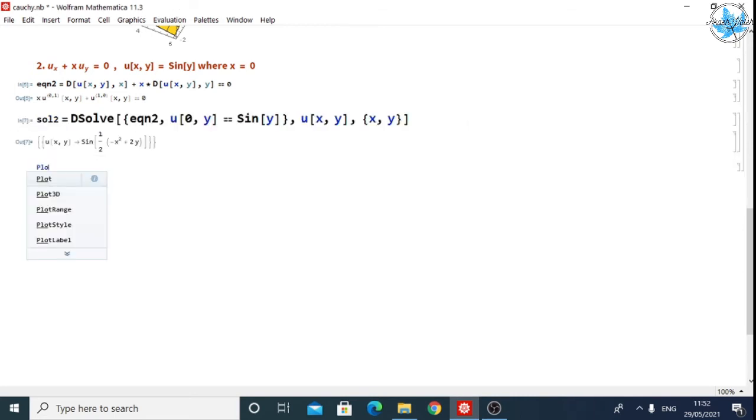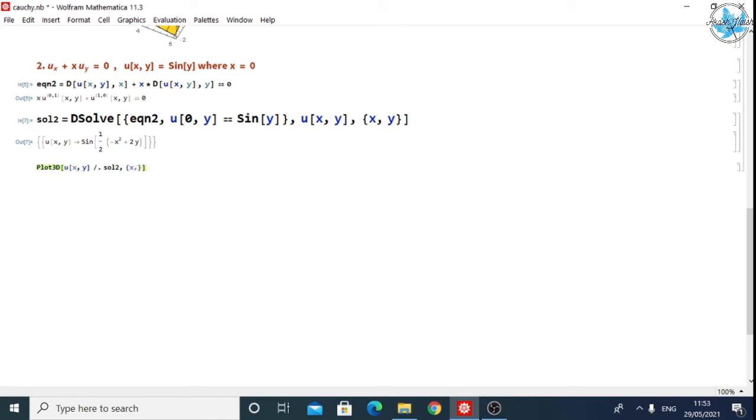Then I will plot the graph. I will simply use the Plot3D command. Within this I will write u of x comma y slash dot solve2, comma, within curly bracket I will define the domain.